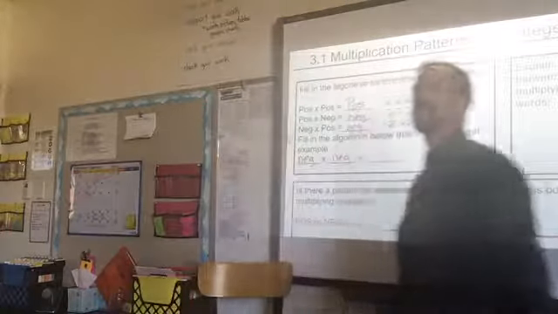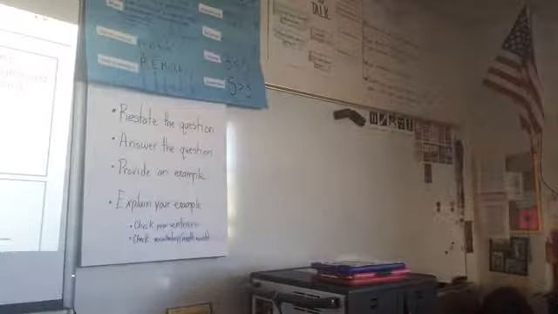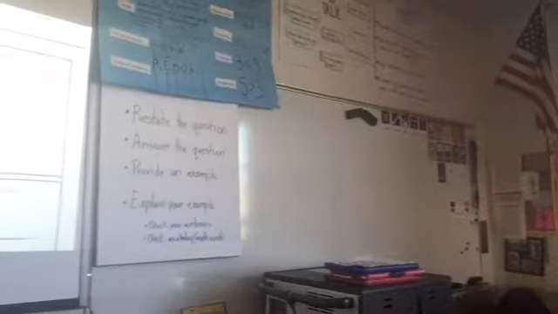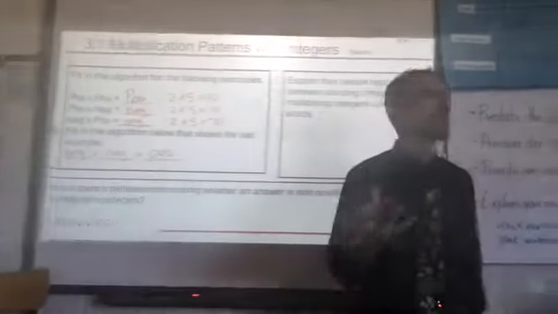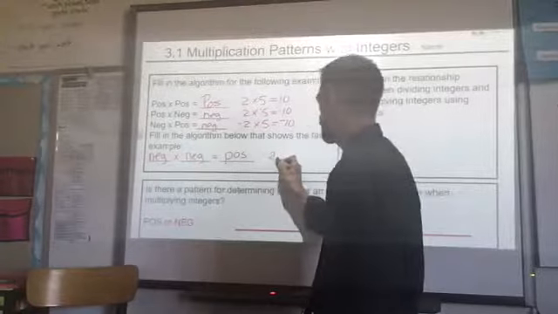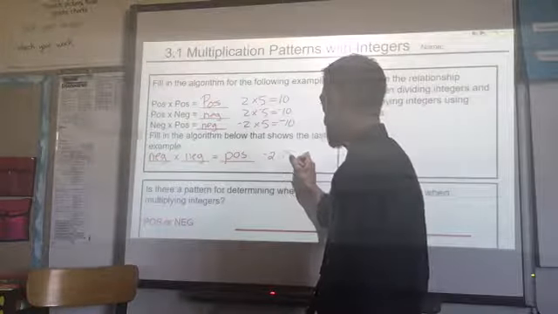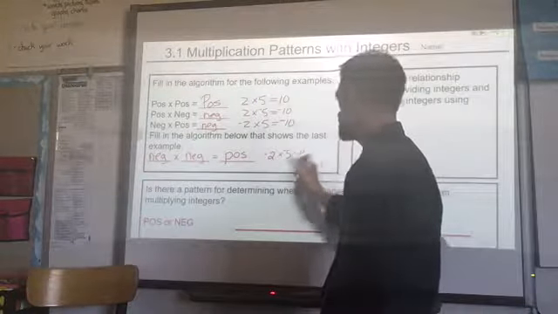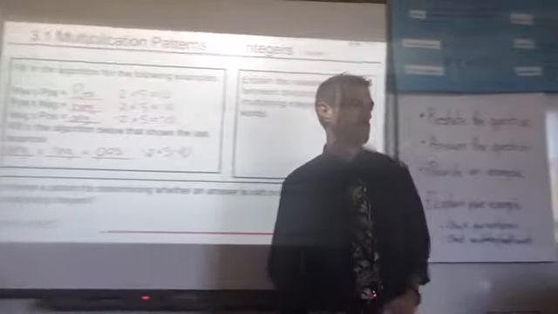So a negative times a negative equals a positive. That's the one that kind of confuses kids. Basically, negative 2 times negative 5 equals positive 10.